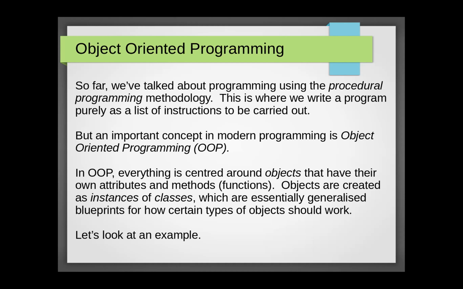And basically objects are created as instances of what we call classes. And classes are basically like these generalized blueprints for how a certain type of object should work. Now I realize this probably doesn't make sense at the moment, so I'm going to explain this a little better by looking at an example.